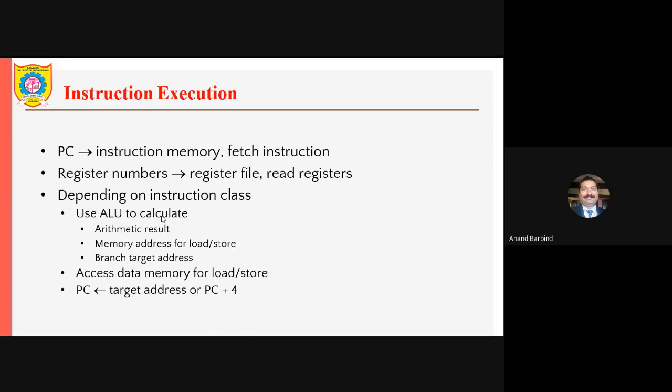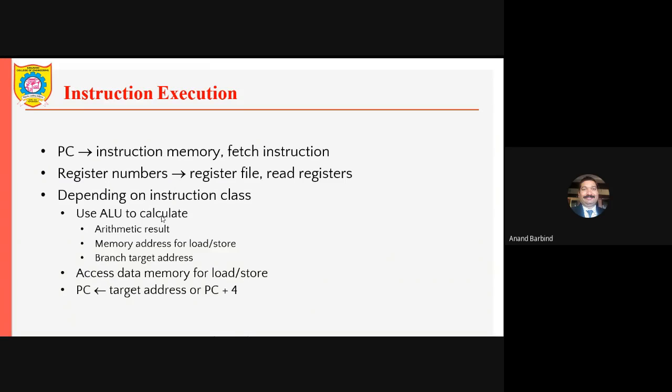It may perform an arithmetic operation, or the operation may not be directly related to the ALU, it may be related to memory, that is loading data from the memory or storing data to the memory. In that case, the role of the ALU is to calculate the memory address of the data memory.